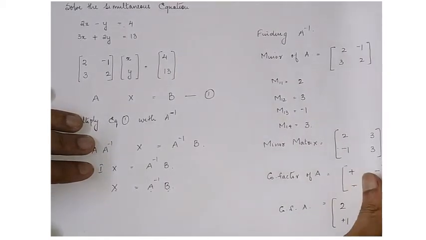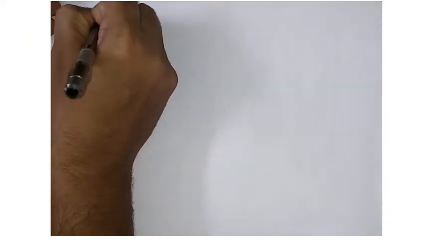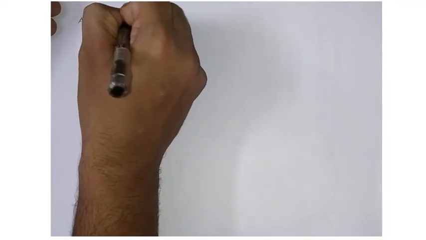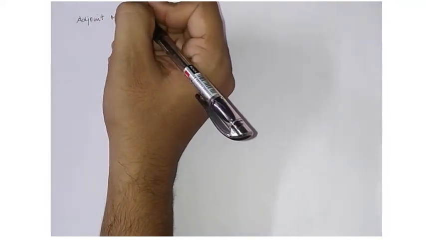Now what you have to find next, after finding the cofactor, is the adjoint. Now how do you find the adjoint? You find the transpose. So adjoint of A is equal to the transpose of the cofactor matrix.